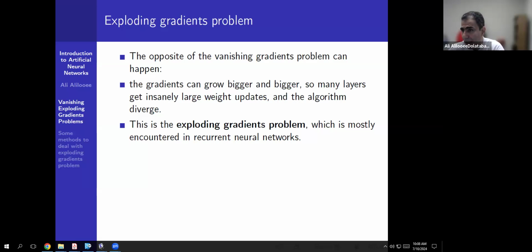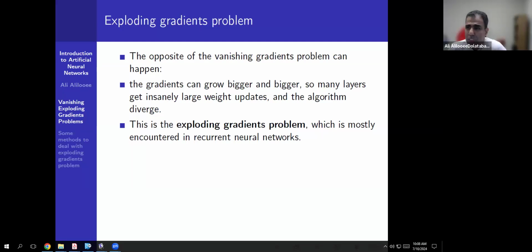When something like this happens, again, when you want to update your parameter in the gradient descent step, your parameter will approach infinity. And again, it shows that your parameter won't converge to anything. And this issue is called the exploding gradient problem.